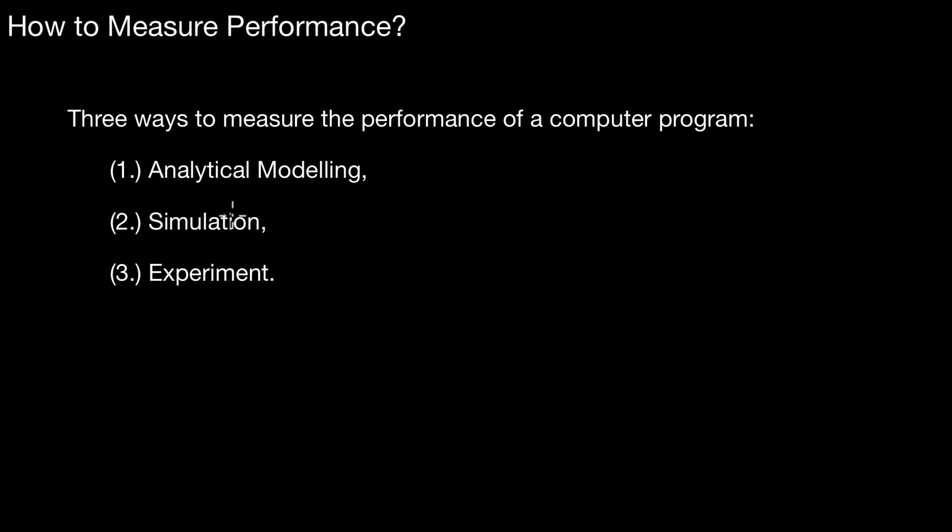Just before we get into more detail for these 3 ways to measure performance, it's important to understand whenever you measure the performance, it's a good idea not to only use one of them. So if you just use analytical modeling and then there's a bug, assume that there's a bug, okay, then it might be very unfortunate if you draw any conclusions based on that bug.